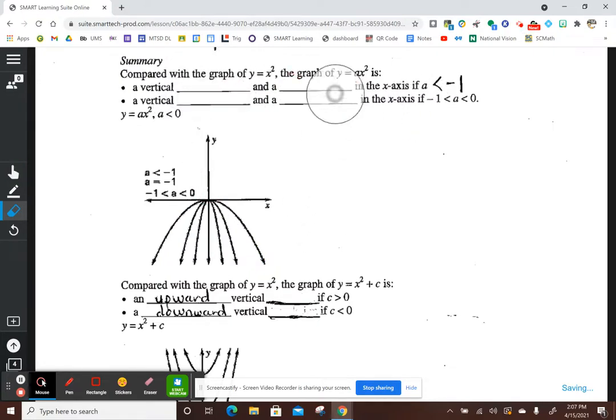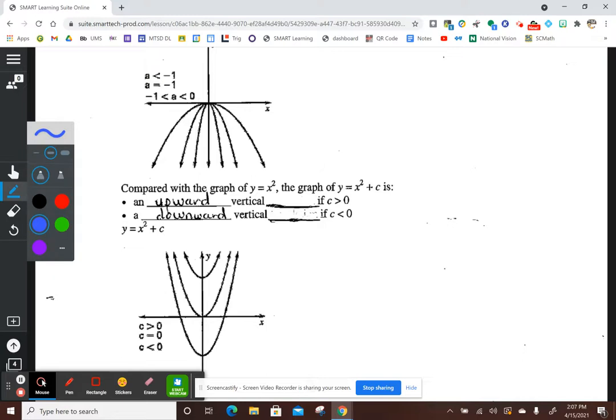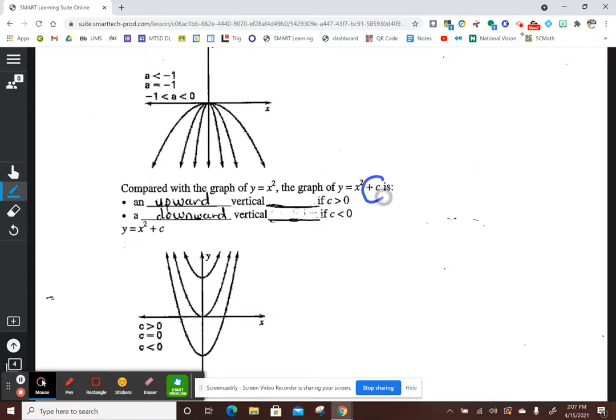Okay. And then lastly, we have the translation. Now, an upward translation happens when you're adding. So when you're adding plus c, when c is positive or greater than 0, that is an upward translation. Something like this.